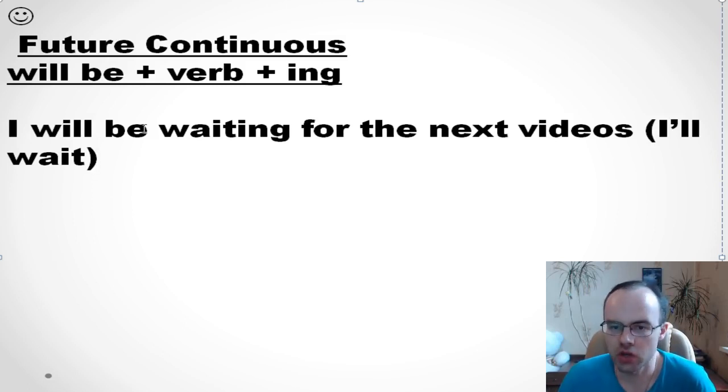So you see, we use future continuous for long actions in the future. If it's really important for you, if you really want to emphasize that, you can say I'll be waiting for the next videos, so I really want it to happen. If you say I'll wait for the next videos, it's also possible, but it's just a single action, so it doesn't show that you really want it.